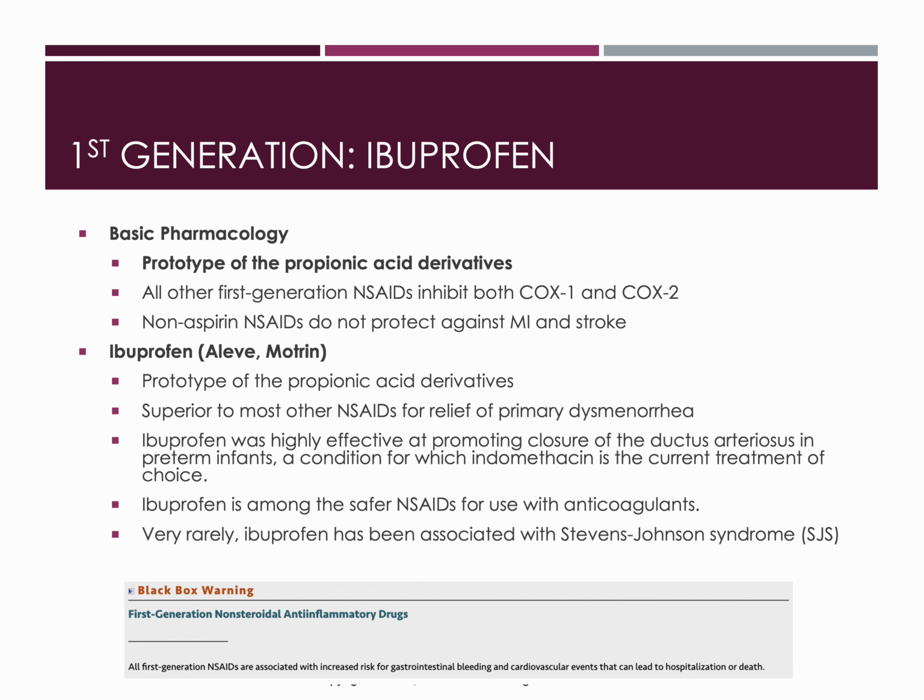The highest NSAID risk is with indomethacin. Actually, this is at 71% for a thrombotic event. However, although the increase in risk with these drugs appears really high, it still pales in comparison to the risk from smoking, which increases cardiovascular risk by 200 to 300%. So just to give you some perspective on that.